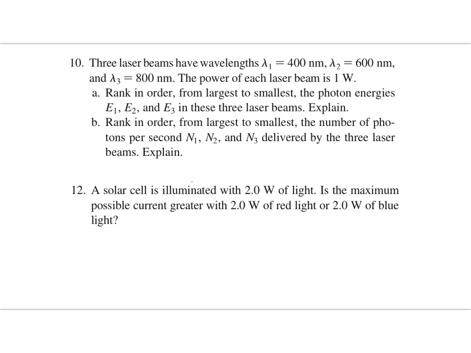I'm going to have to give you more nickels than dimes if I'm going to give you $1 because the nickels are smaller. Same thing, if I'm giving you 1 watt in the form of 800 nanometer photons, I'm going to have to give you more photons than if I'm giving you 400 nanometer photons. I'm going to have to give you more of the ones that have lower energy. So for the number of photons delivered per second, 800 nanometers is number 1, 400 nanometers is number 3.